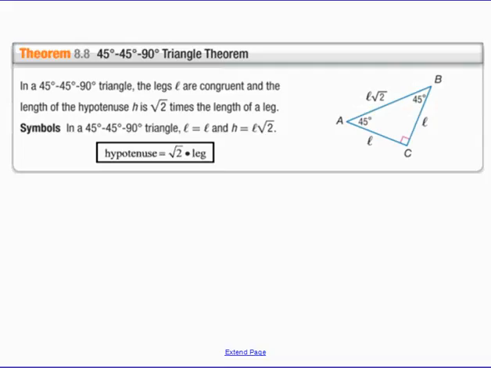So for a 45, 45, 90 triangle, they use L for the sides. Notice the sides are exactly the same. And like what I showed you before, the hypotenuse is whatever the side is times radical 2. Here's a formula to explain that as well. But eventually, we'll get you to look at just the figure to figure out missing side lengths.